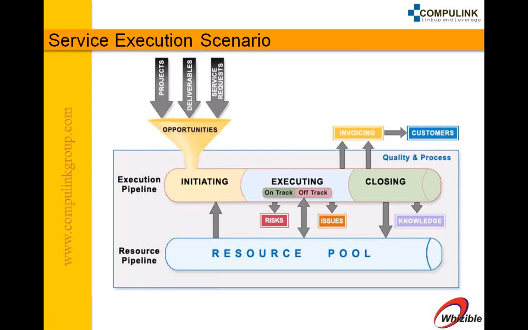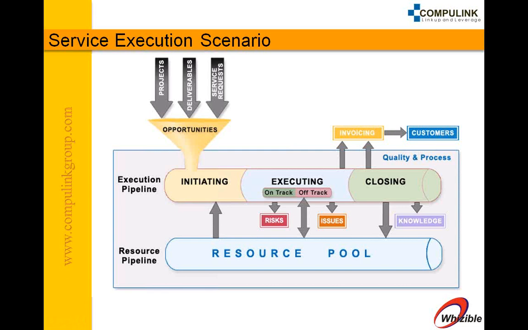And number three, we also are able to invoice our customers and generate money. And this entire cycle of converting opportunities to tangible deliverables and results for the customer and revenues for the service execution organization is what we term service execution.